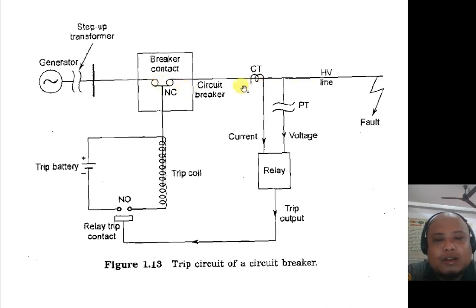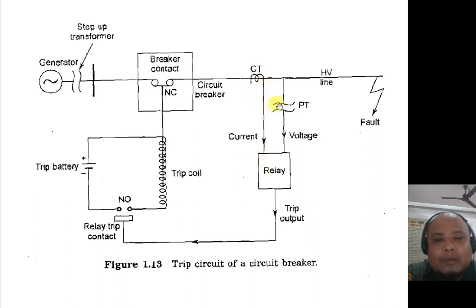Suppose this line is protected by this protective scheme. As soon as there is a fault, the current in the line increases abnormally to a very high value. That is the fault current. That high current will be transformed by the CT ratio.